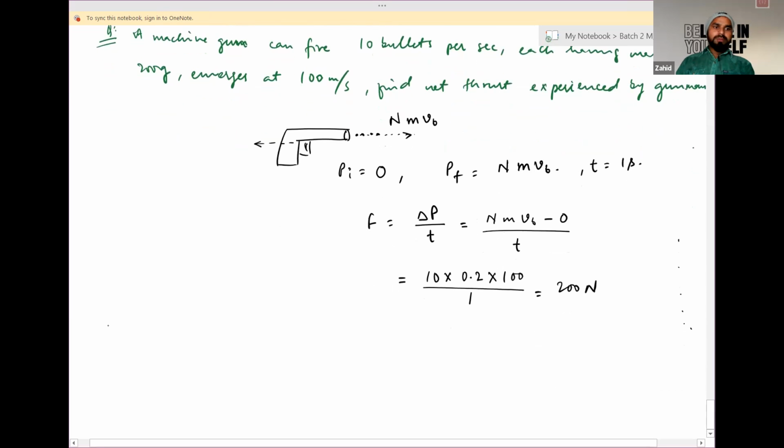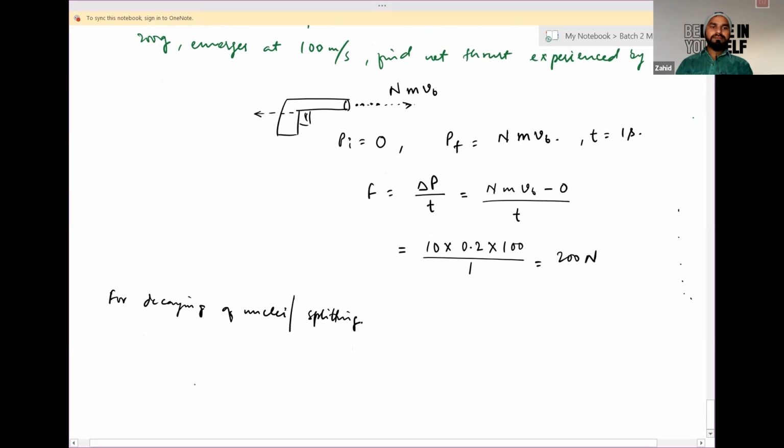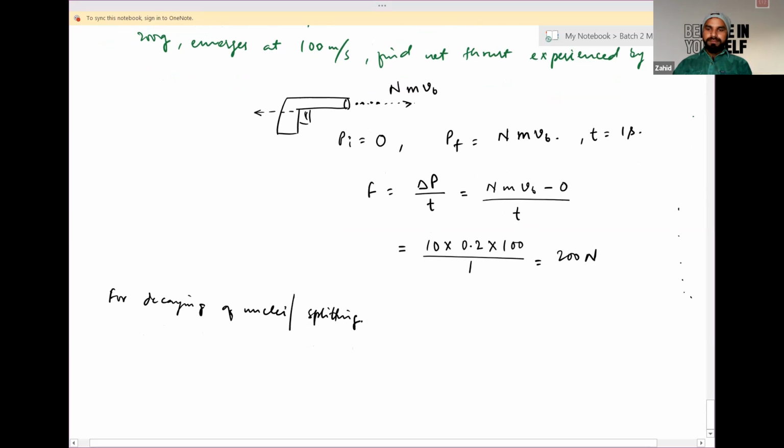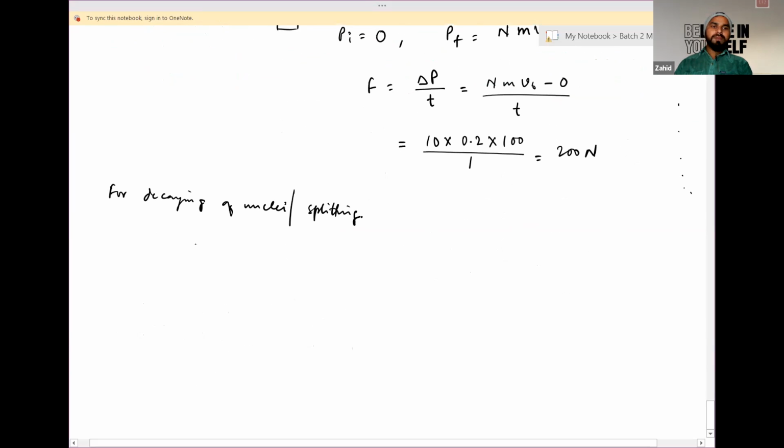Similarly, there will be a problem for decaying of nuclei or splitting. Suppose a nuclei is initially at rest.